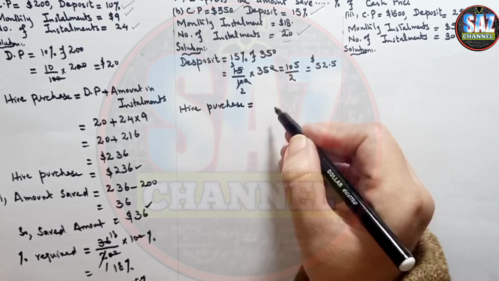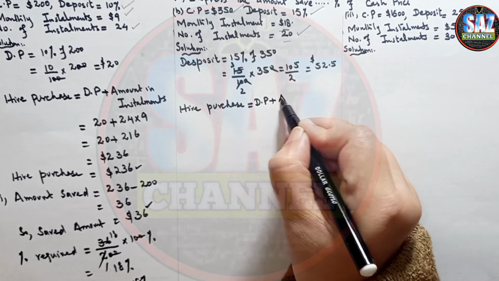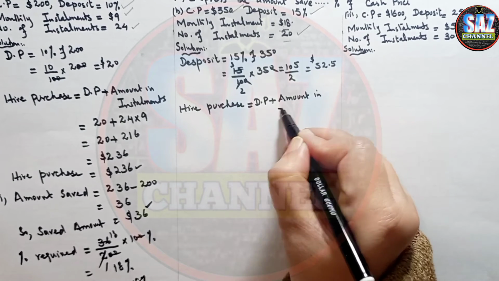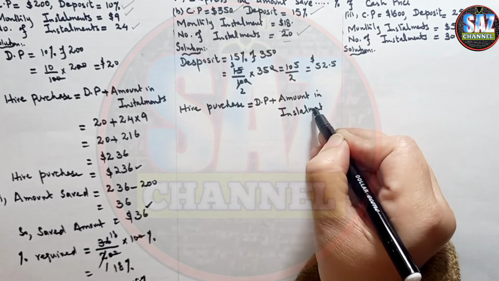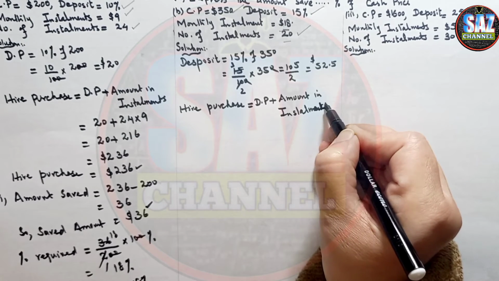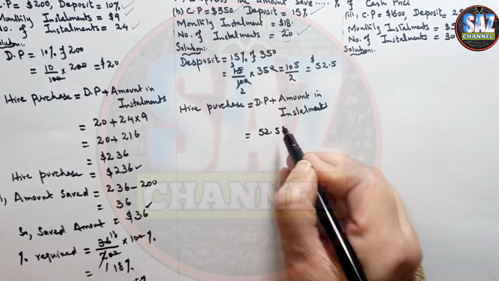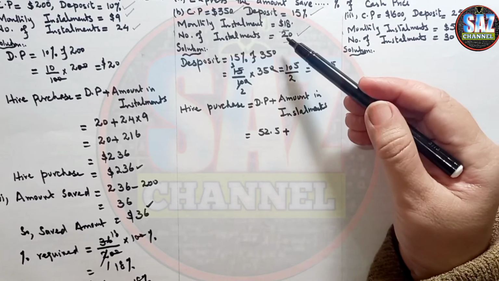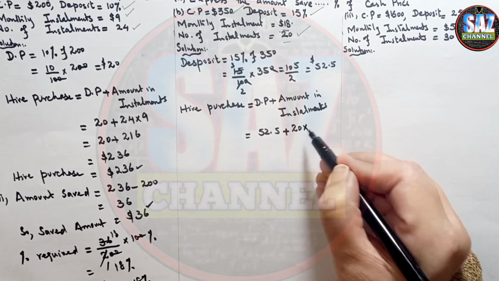will be equal to down payment plus amount in installments, total amount in installments. Hire purchase price equals down payment, which is 52.5, and then I have to pay a total of 20 installments, and each installment has a value of $18.